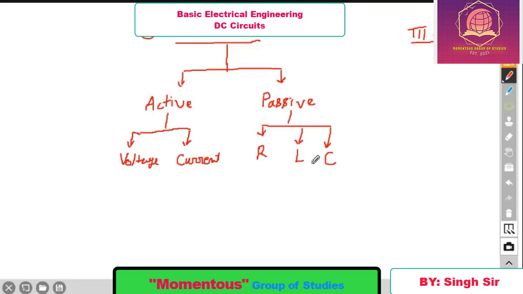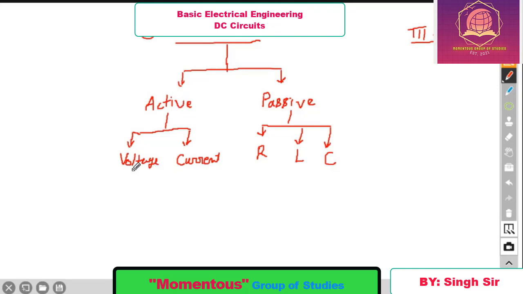Passive, because these components cannot provide energy to the circuit. They usually, not always, absorb the energy. That is why they are known as passive components. And the voltage source and current source provide energy to the circuit, that is why they are called active components.